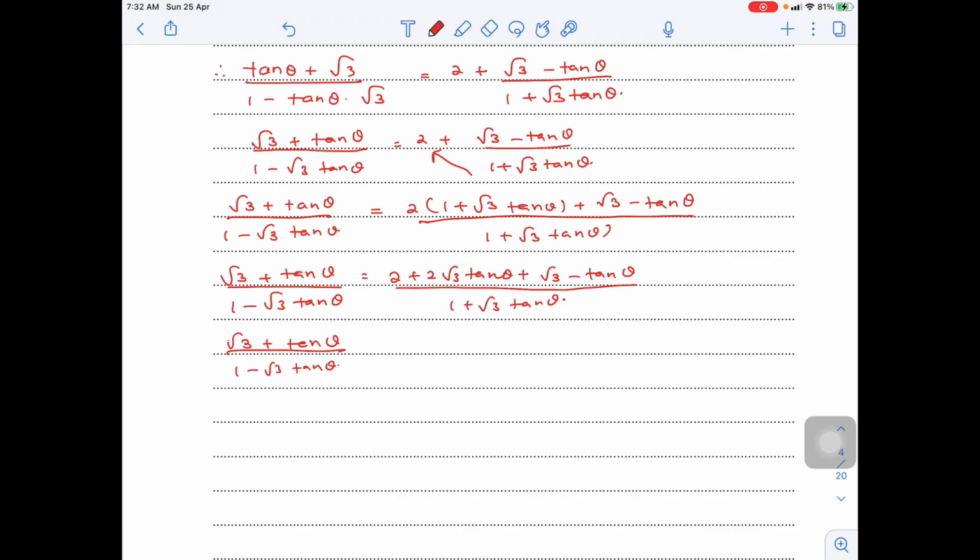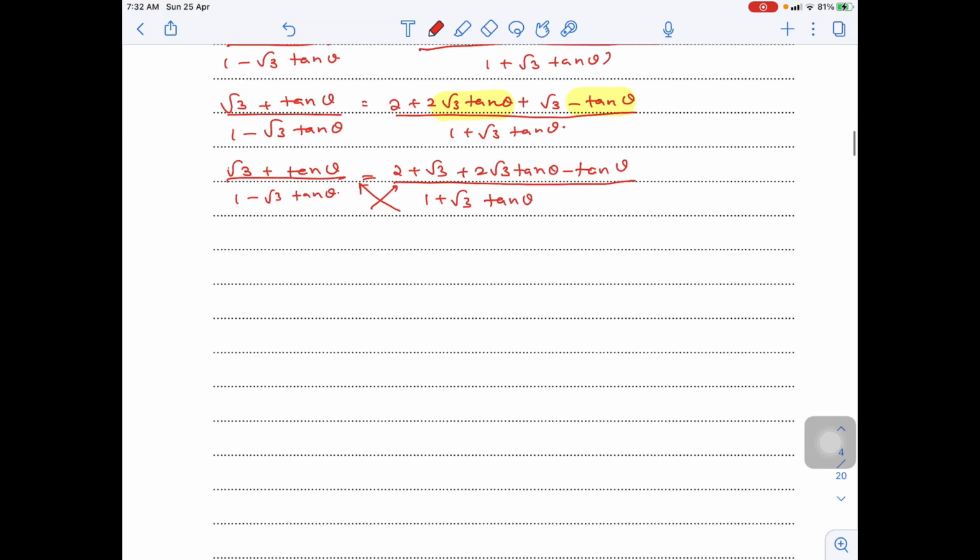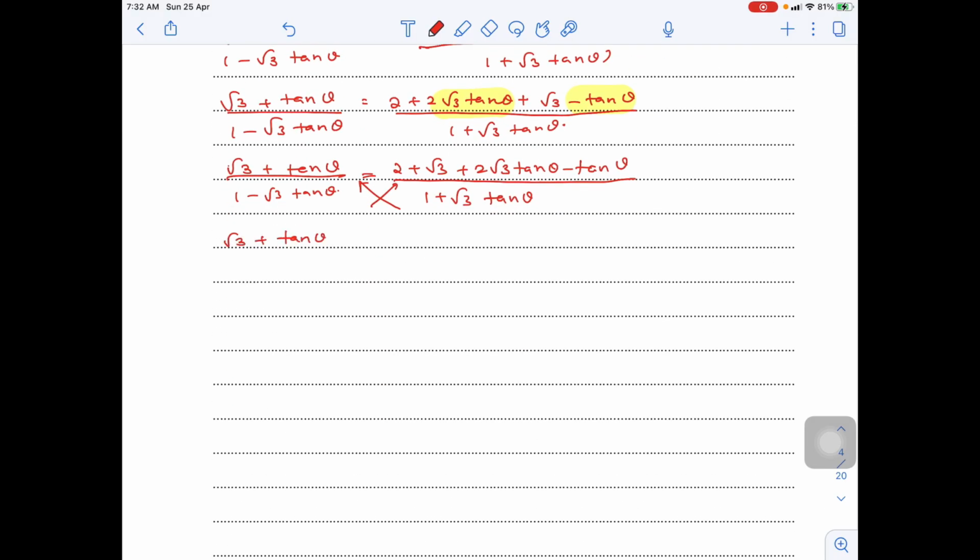Taking the tan theta terms together, that's 2 root 3 tan theta minus tan theta. I'll leave it like that instead of writing it in a bracket, since it's easier to multiply out.